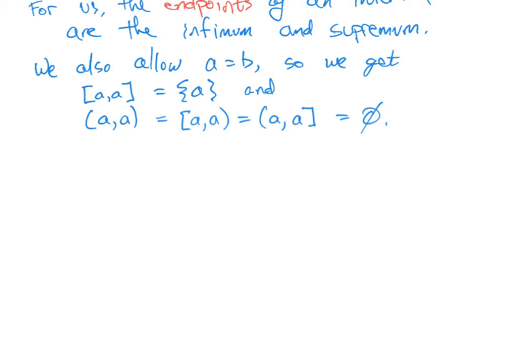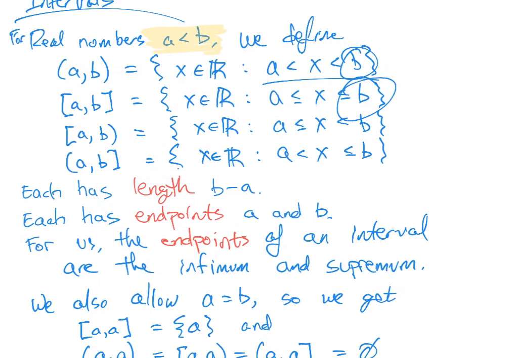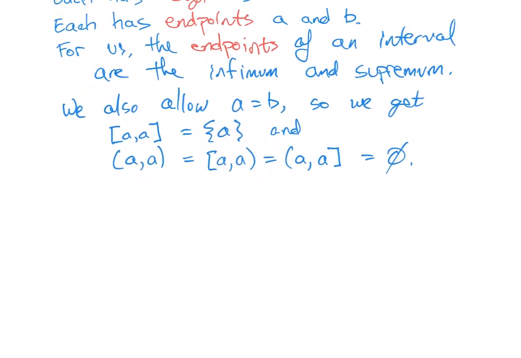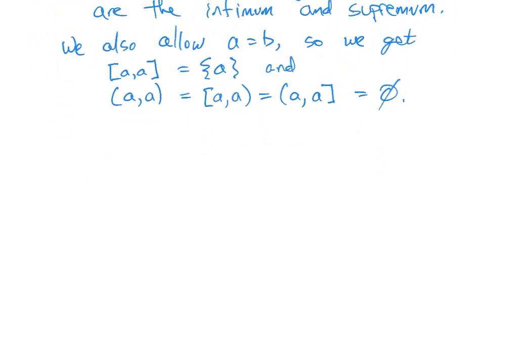Now, I'll let you think about this. We could allow a to be greater than b. But if we allowed a to be greater than b, you can check, we'll just get more copies of the empty set. So there's no point. Before we leave a equals b, let me point out that the singleton a has a single endpoint.